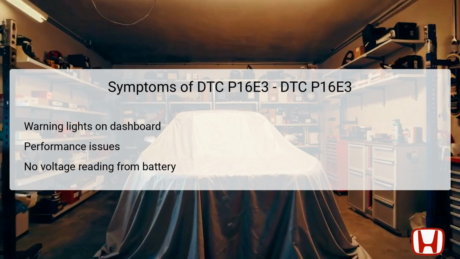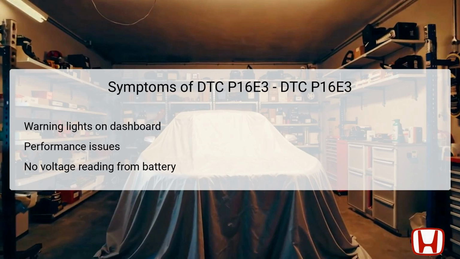When DTC P16E3 is present, various symptoms may manifest in the vehicle's performance. One of the most common indicators is the illumination of the warning lights on the dashboard, alerting the driver to potential electrical issues. Furthermore, performance problems can occur, as the vehicle may experience poor acceleration, engine stalling, or difficulty in starting.